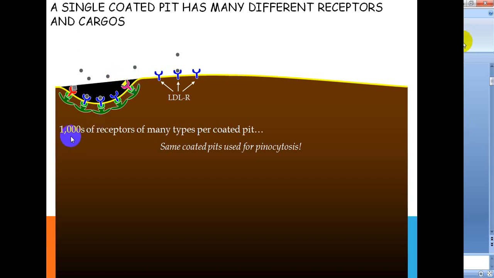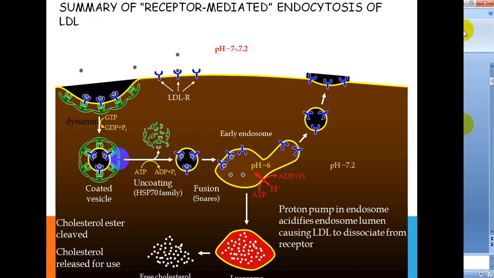In a coated pit, there are around 1000 receptors, and some coated pits are used for this receptor mediated endocytosis, some are used for pinocytosis.